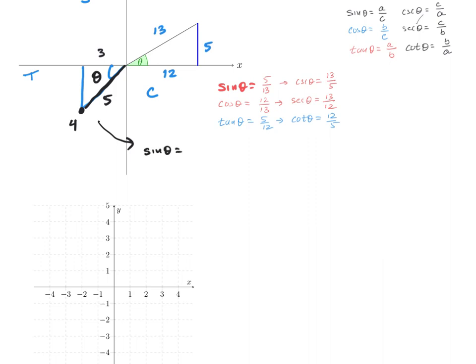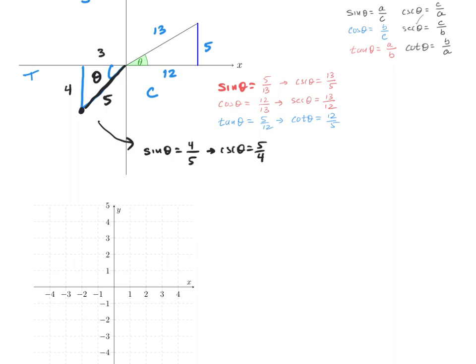So first, you want sine. Sine will be the opposite. So the opposite is this, which is 4. Maybe it makes more sense if I put the 4 here. So the sine is the opposite, 4, over the hypotenuse, 5, which automatically tells you that cosecant theta is 5 over 4.